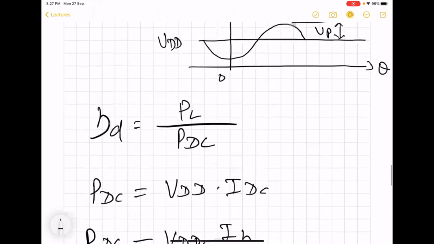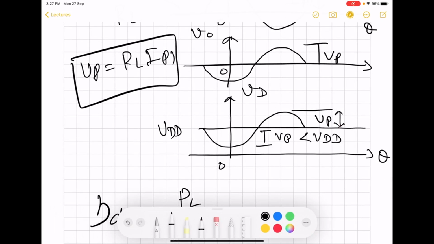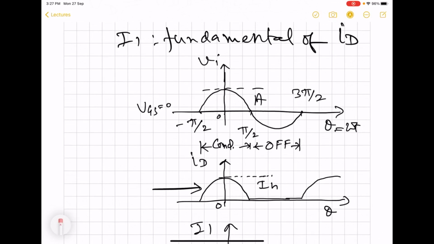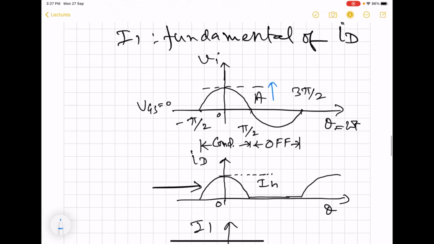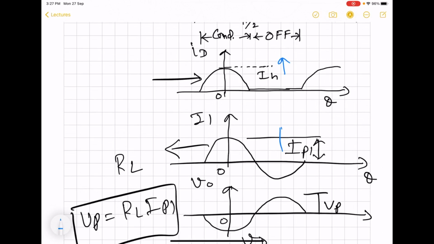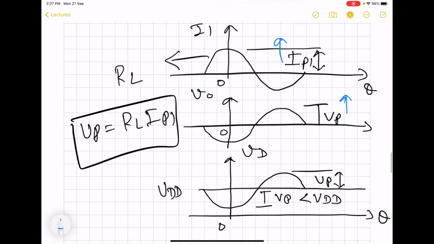But here, what we have taken is a scenario where the output swing, this VP, is less than VDD. So to increase the efficiency, what one can do is increase the input, that means this A. That will cause an increase in IH, which will also cause an increase in IP1, and that will lead to an increment in VP.